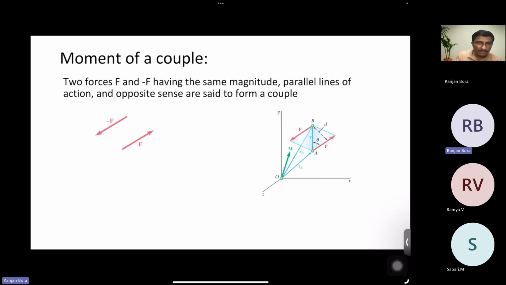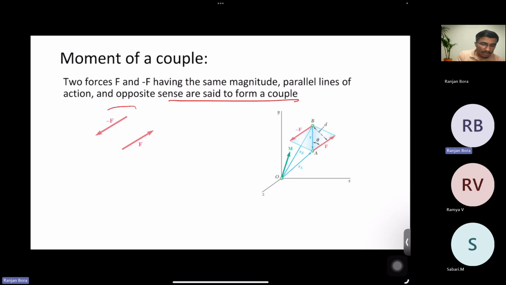Next comes the couple. What is a couple? When two forces of equal magnitude act parallel to each other and in the opposite direction, they form a couple. In this figure, you can see there are two forces of magnitude F acting parallel to each other in opposite directions.